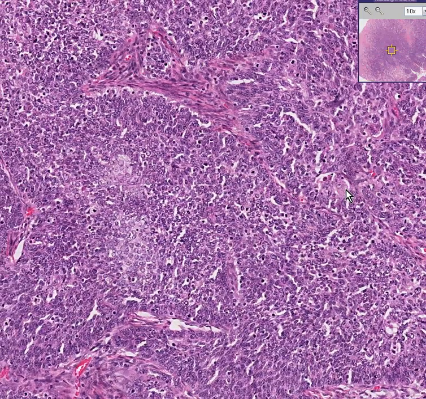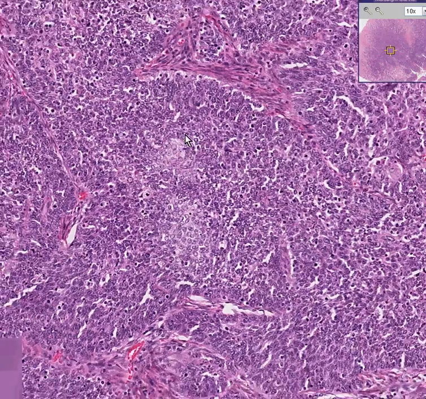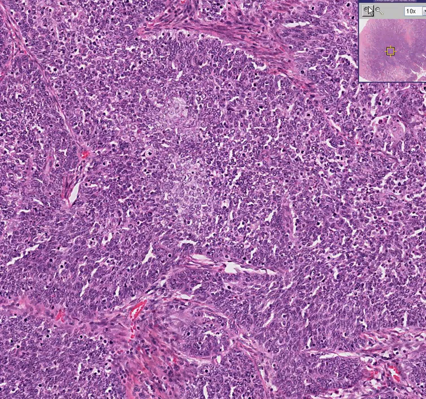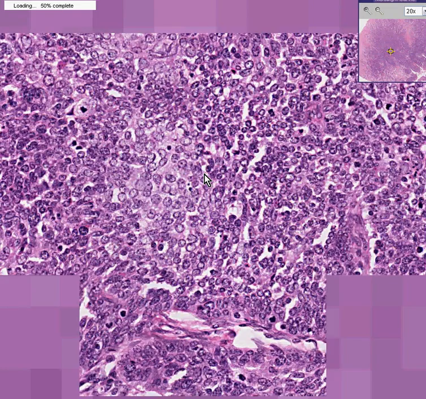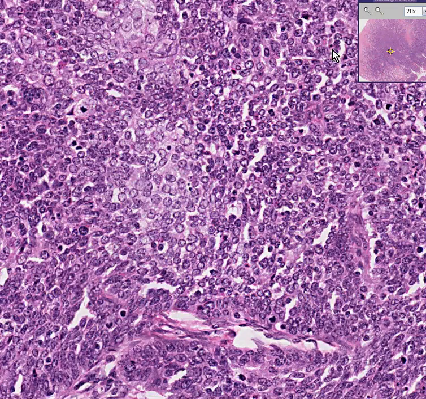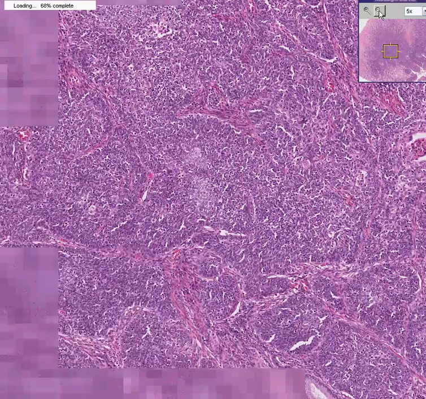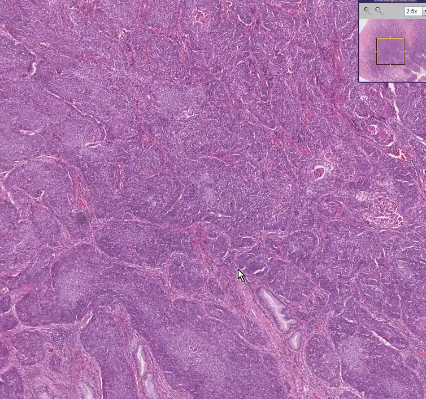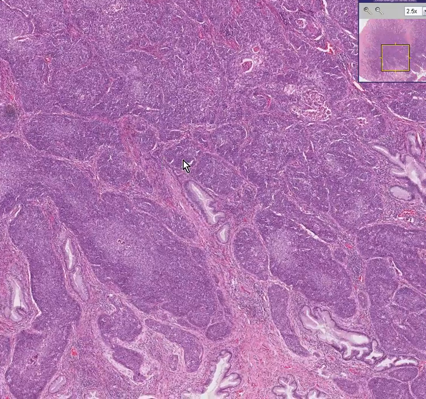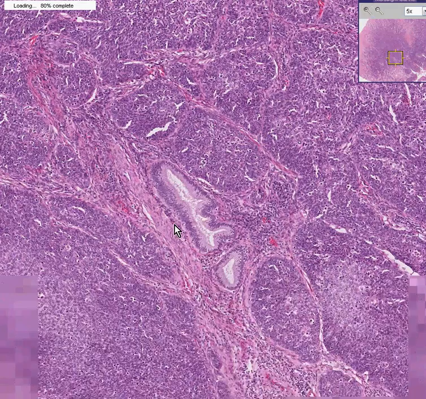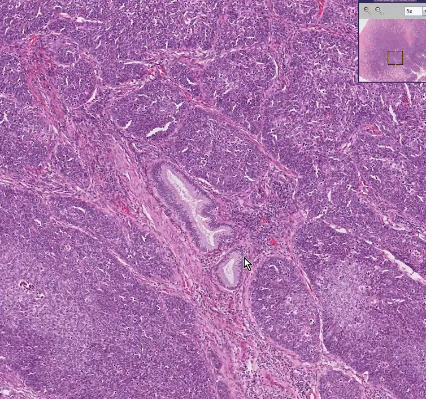We might have a very hard time finding intracellular bridges, and therefore you would call this a poorly differentiated squamous cell carcinoma. Also notice that it lies right next to some areas of endocervical glands, which are perfectly normal as well.